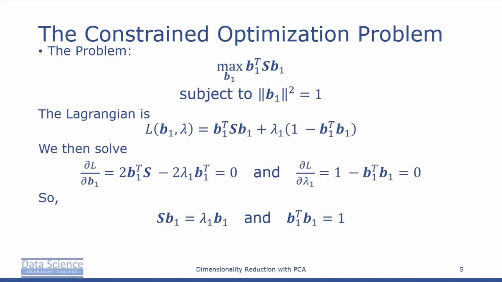The partial derivatives of L with respect to b1 and lambda 1 are dL/db1 equals 2 b1 transpose S minus 2 lambda 1 b1 transpose, and dL/dlambda 1 is 1 minus b1 transpose b1. Setting both partial derivatives equal to 0 and solving gives us the relationship S b1 equals lambda 1 b1 and b1 transpose b1 equals 1.